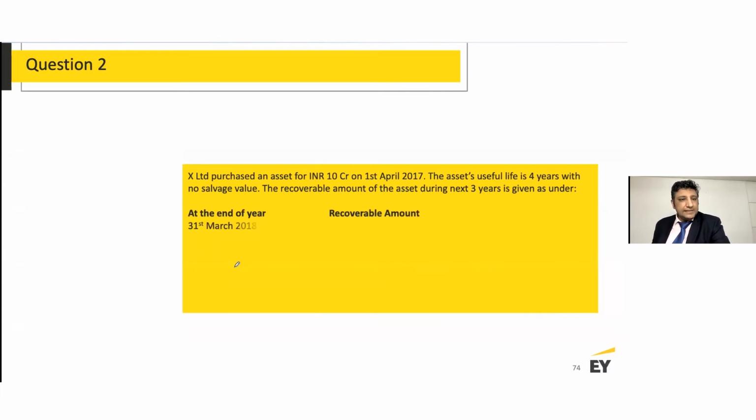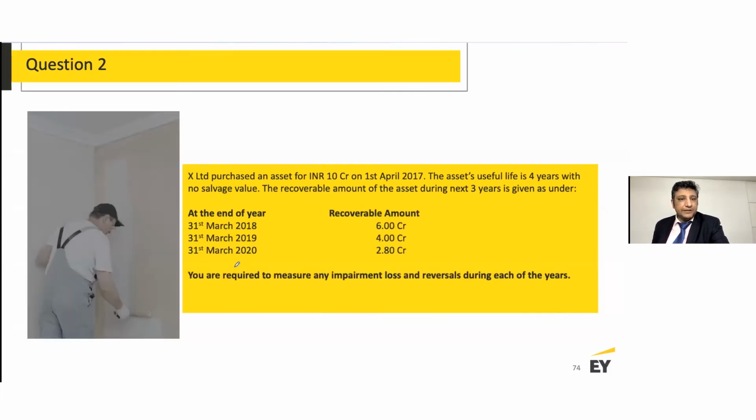We're now looking at this question where we provided the details. The question says X Limited purchased an asset for 10 crore rupees on 1st of April 2017. The life of the asset is 4 years with no salvage value. The recoverable amount of the asset during next 3 years is given as under, which is year ended 31st of March 18, the recoverable amount is 6 crores. 31st March 19, the recoverable amount is 4 crores.